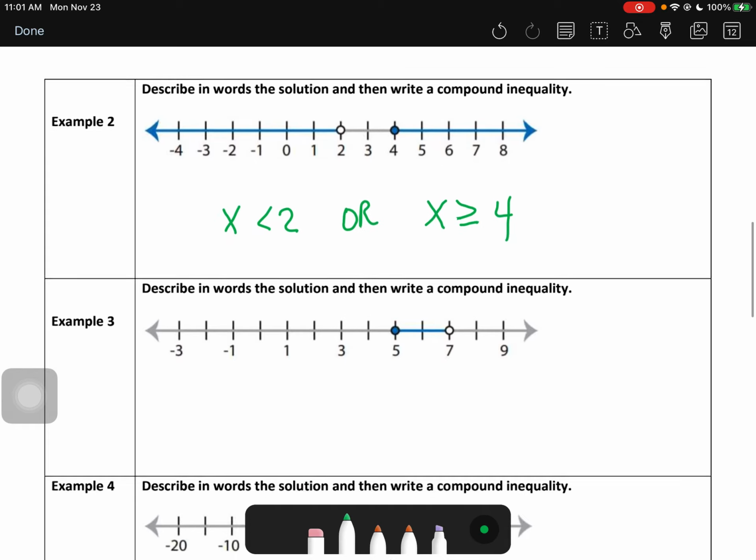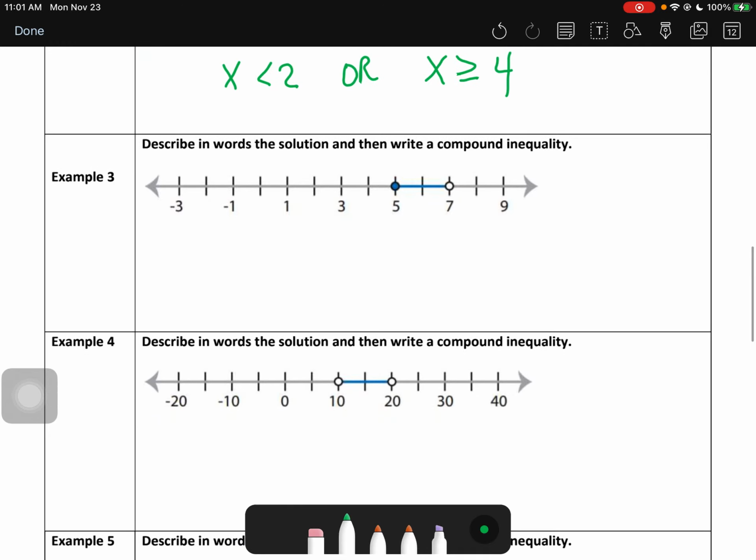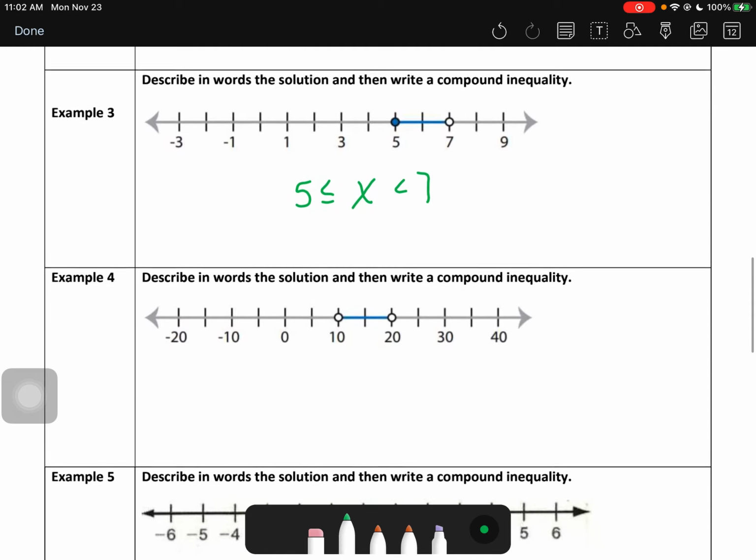In this compound inequality, we are having one inequality. So that means our x is going to be in the middle. And we start with our 5. 5 is smaller than or equal to, because of our filled in circle, but x is less than 7. One inequality, this is an and.